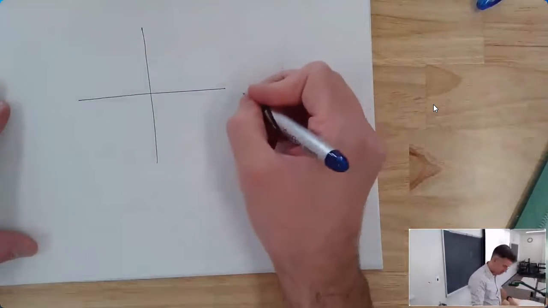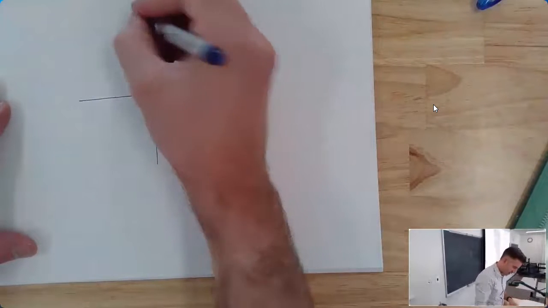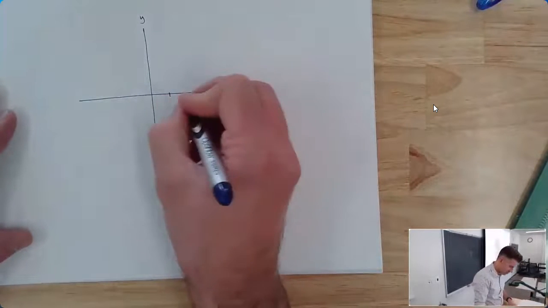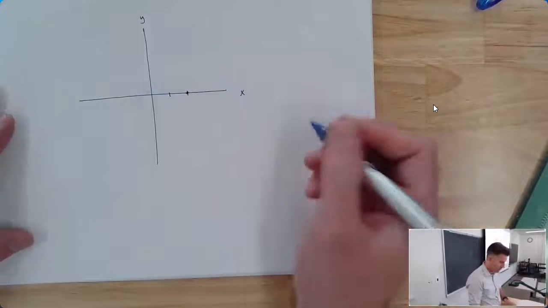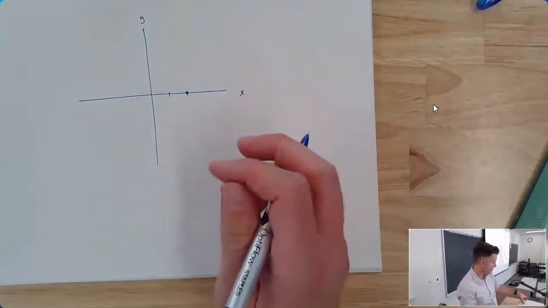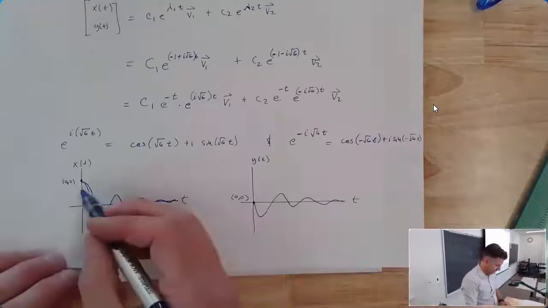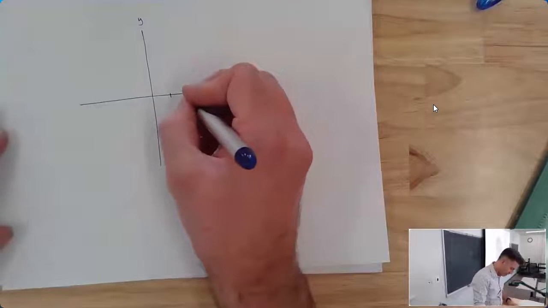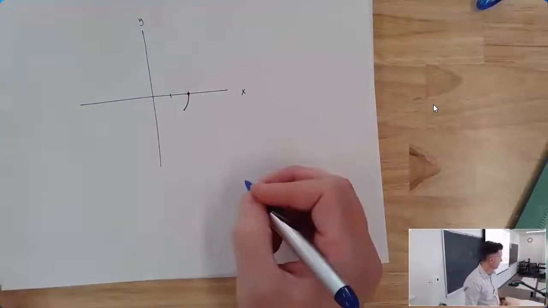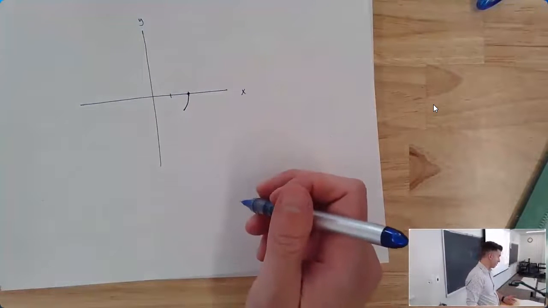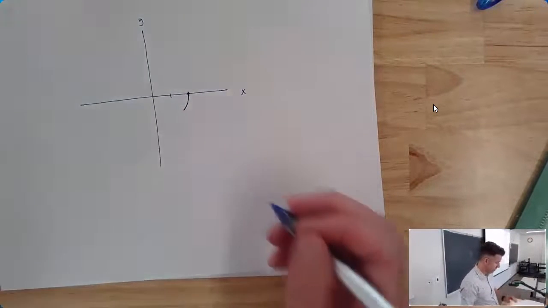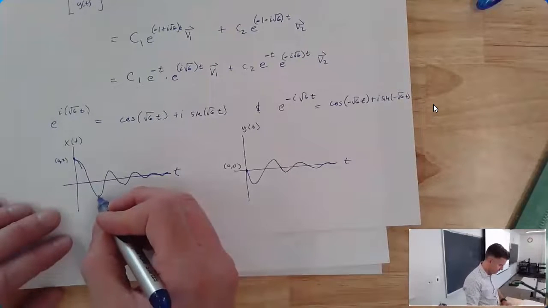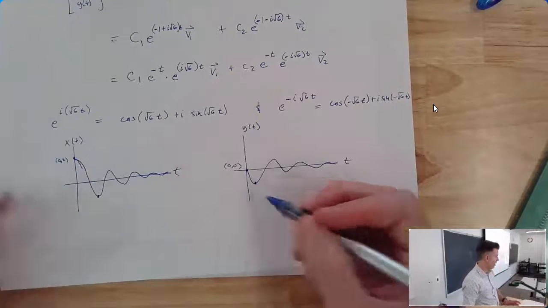If we start at the point where x is 2 and y is 0, looking at what our oscillation is going to do, x is going to get smaller and y is going to get smaller. So we're going this way, x getting smaller and y getting smaller. But eventually we get to these troughs, and x and y are both going to turn around.